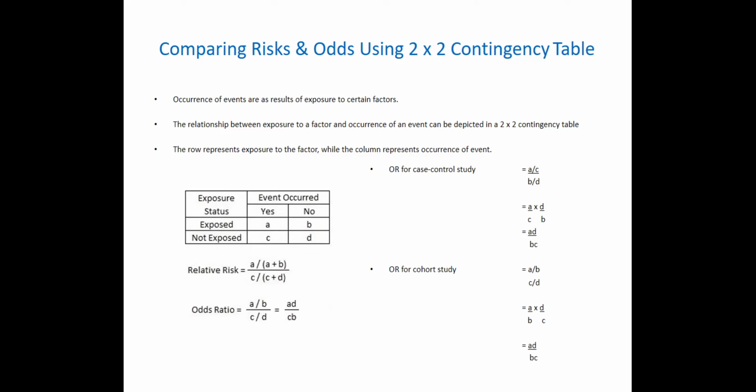You can do that through a 2x2 contingency table. We have already talked about cross-tabulation contingency, but this one is 2x2.